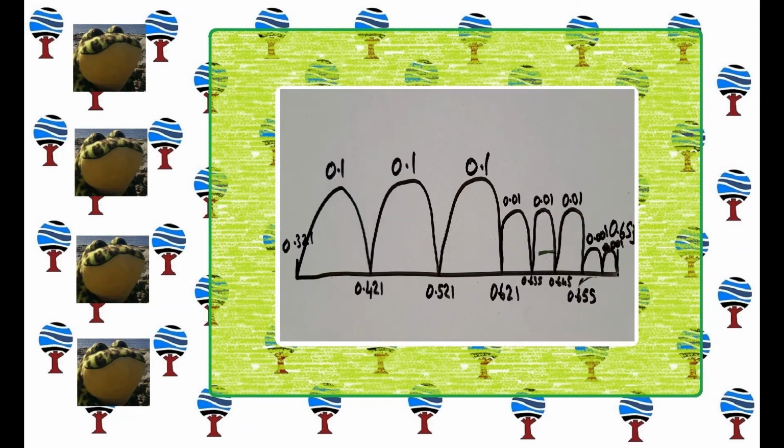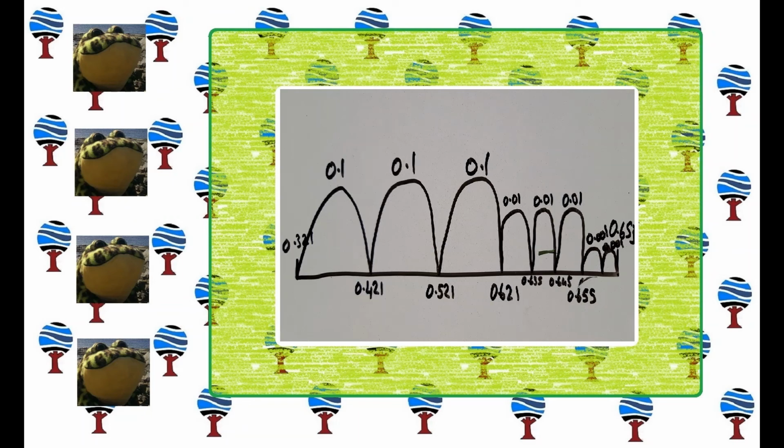And this is what it looks like. So to get to 0.653, you can see that I have done another 3 jumps of 1 hundredth, 0.01, 0.01, 0.01, and you can see that has taken me to 0.631, 0.641, and 0.651.